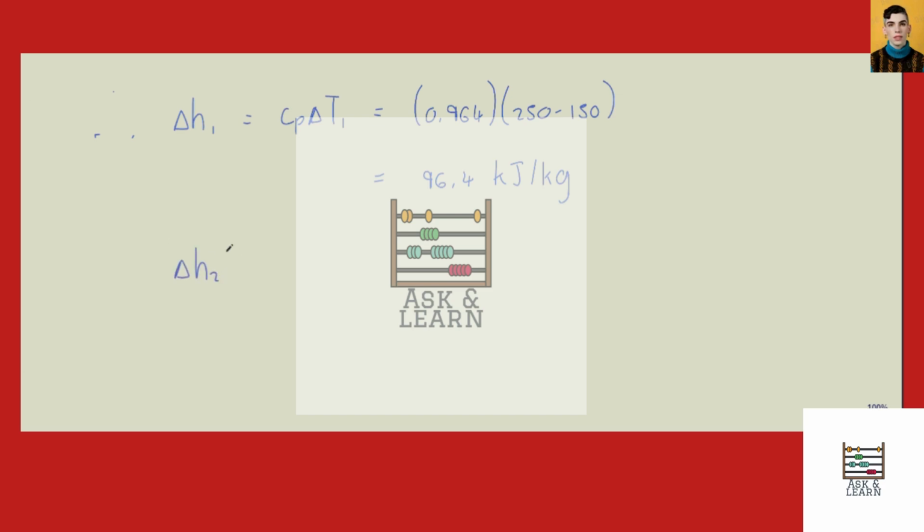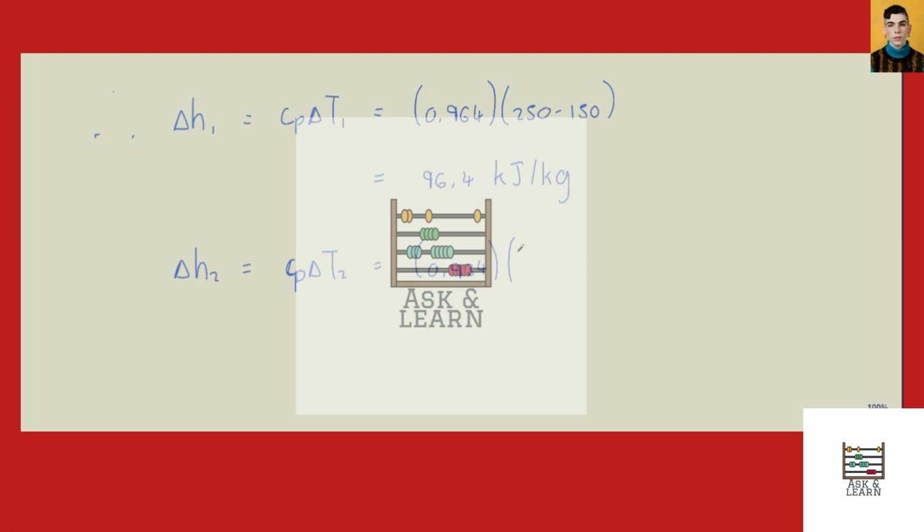Now, the enthalpy change from 0 to 100 degrees Celsius, delta H2, is Cp delta T2. And so this is our value for Cp at 100 degrees Celsius, which is 0.934 kilojoules per kg Kelvin.